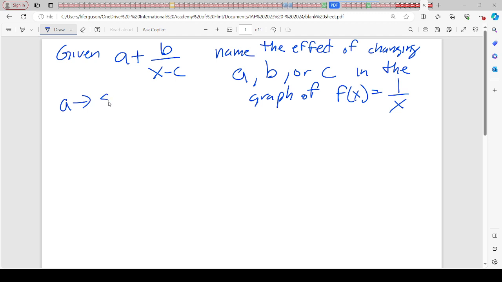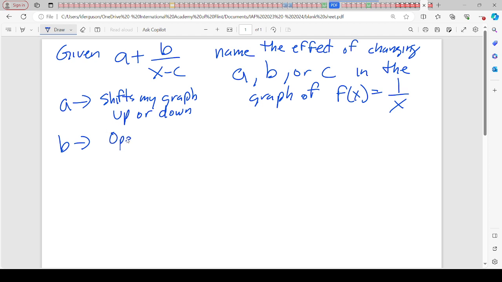Well, a shifts my graph up or down. B, we can say this a couple different ways.